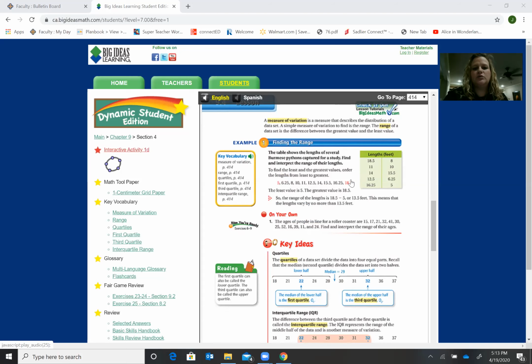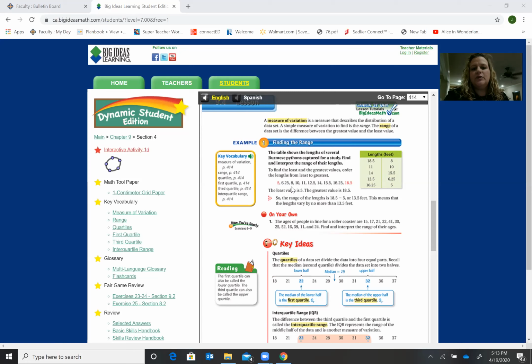So this is why I just wanted to show you this, look at our book together, because this is super simple. It says, this table shows the lengths of several Burmese pythons captured for a study. Find and interpret the range of their lengths. And you can see here that their lengths are 18.5, 11, 14, 12 and a half, 16.25, 8, 10, 15.5, 6.25, and 5.